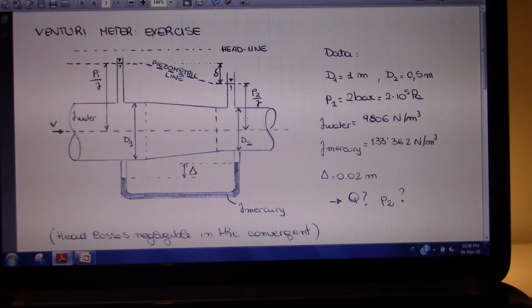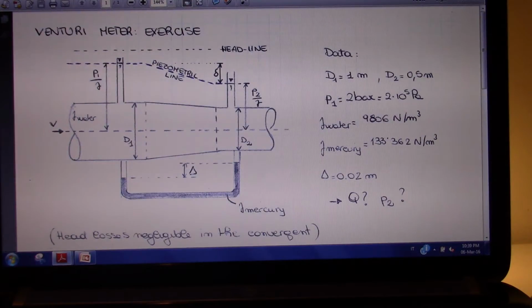Then you get to the section D2, and you can observe again that moving from D1 to D2 it decreases the cross-section area, which means that the velocity associated with your flow, so the volumetric discharge, increases.